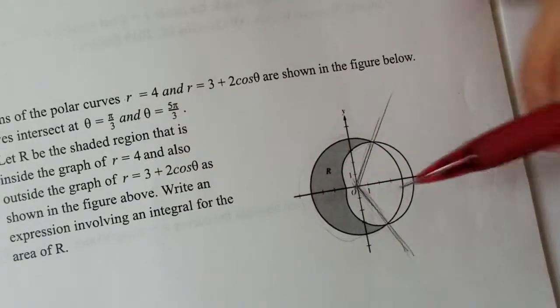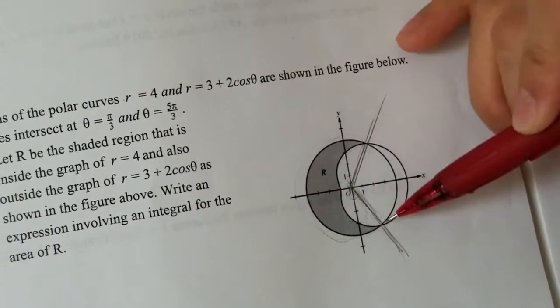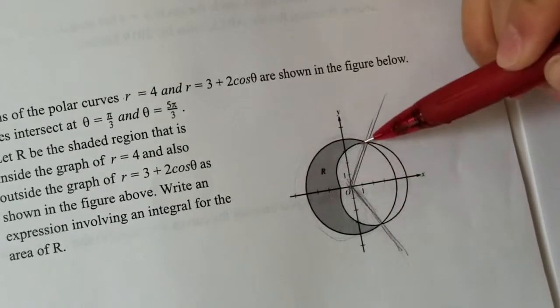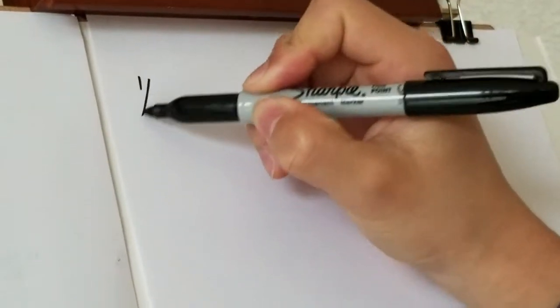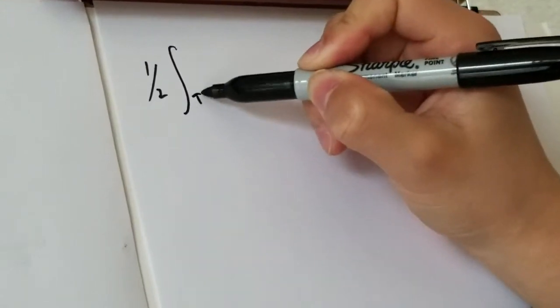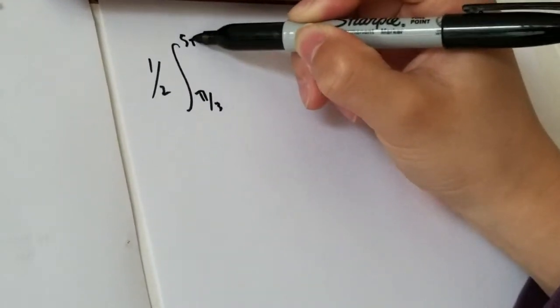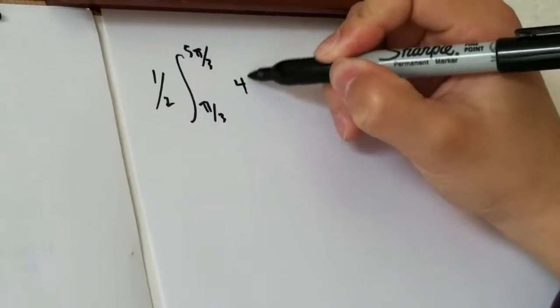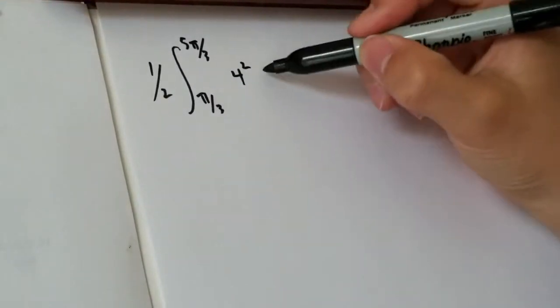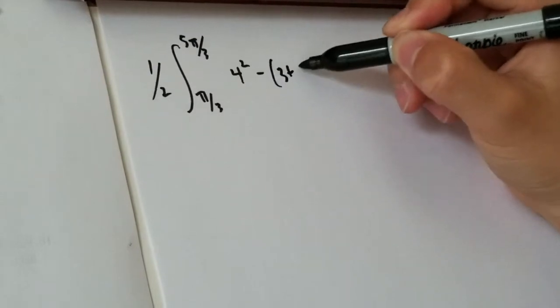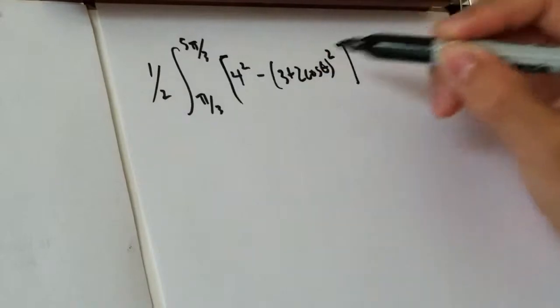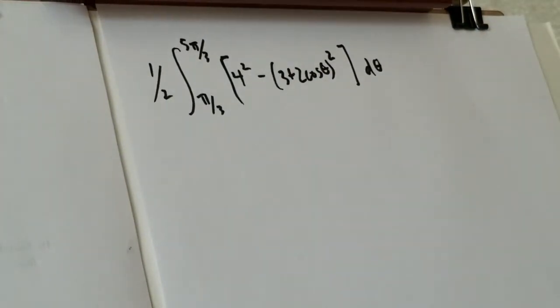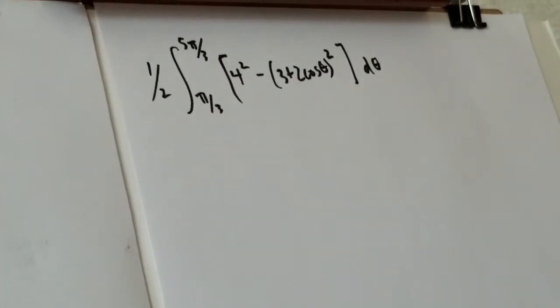So to find R, we want to subtract the smaller area from the greater area. So the integral expression will be 1/2 the integral from pi thirds to 5 pi thirds of 4 squared, that's for r equals 4, minus 3 plus 2 cosine theta squared, that's the limaçon, d theta. So that would be the expression to find the area of R.